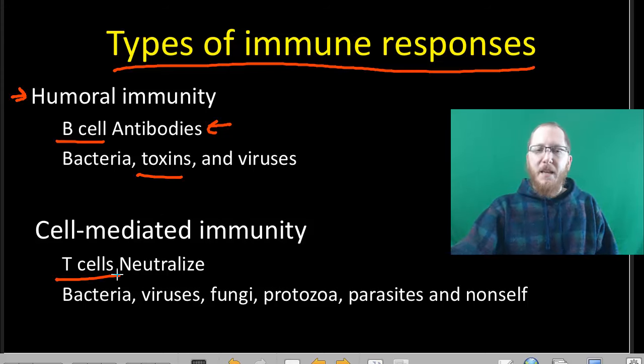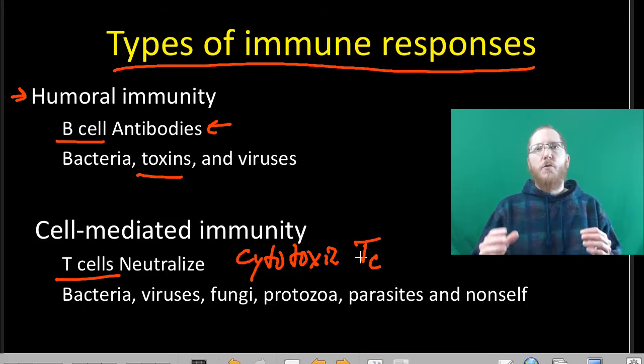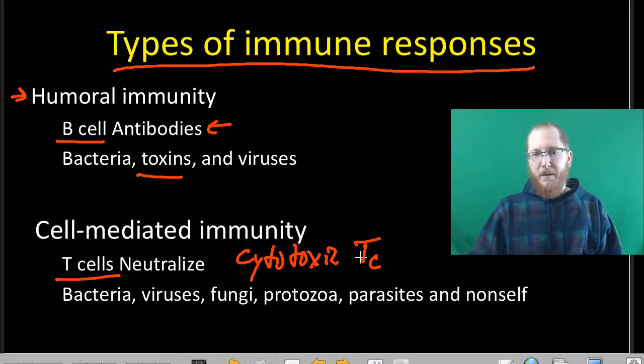This will be T cells, specifically the cytotoxic T cells, or sometimes they're called T sub C. These are the ones that go around and actually kill cells by releasing a protein that pokes holes in the cell and makes it die.